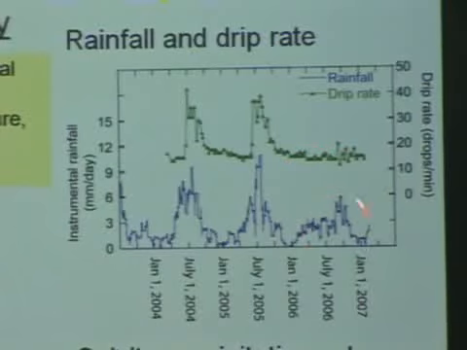What's interesting, though, is that in 2006, there was a very weak monsoon that summer, and so the rainfall never exceeded this threshold, and so we never saw this abrupt increase in drip rate. We did see it in 2008, but unfortunately I don't have the data on here to show you.